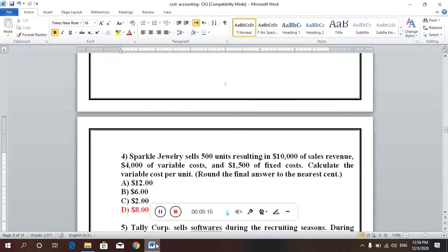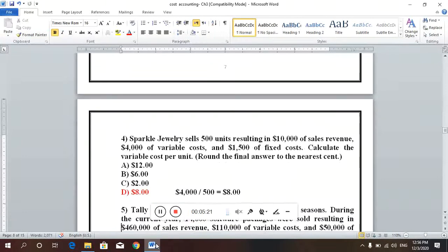Number 4, another example. Sparkle Jewelry sells 500 units, resulting in $10,000 of sales revenue and $4,000 of variable costs, and $1,500 of fixed cost. Calculate variable cost per unit. Round the final answer to the nearest cent, use the approximation.